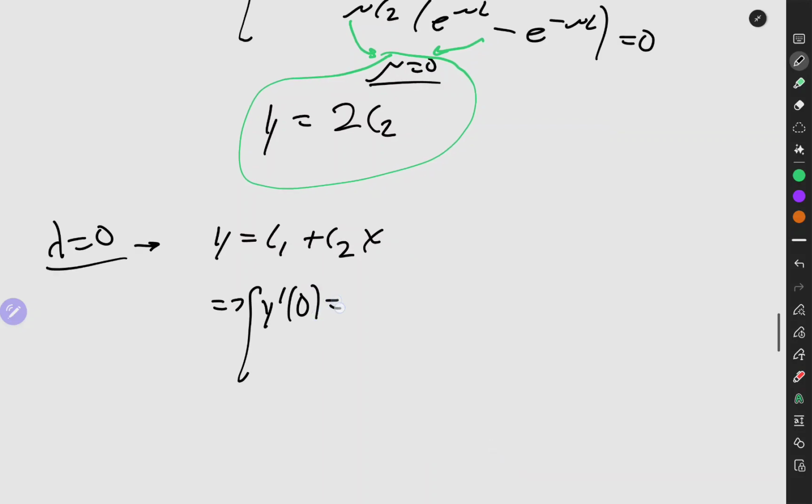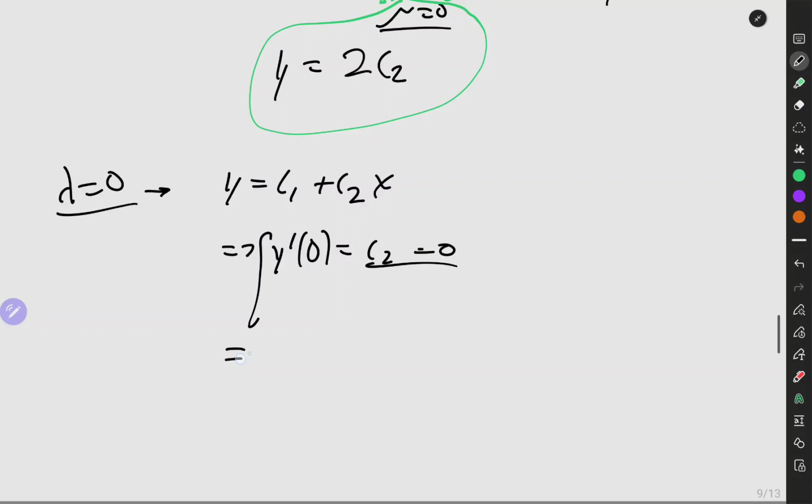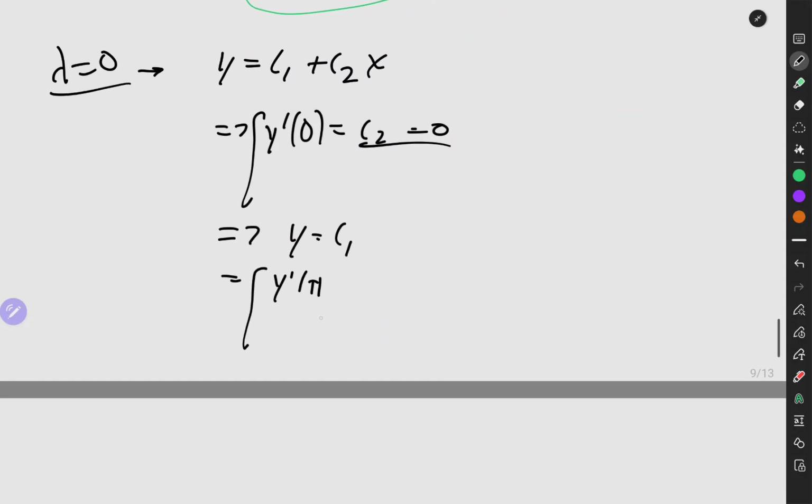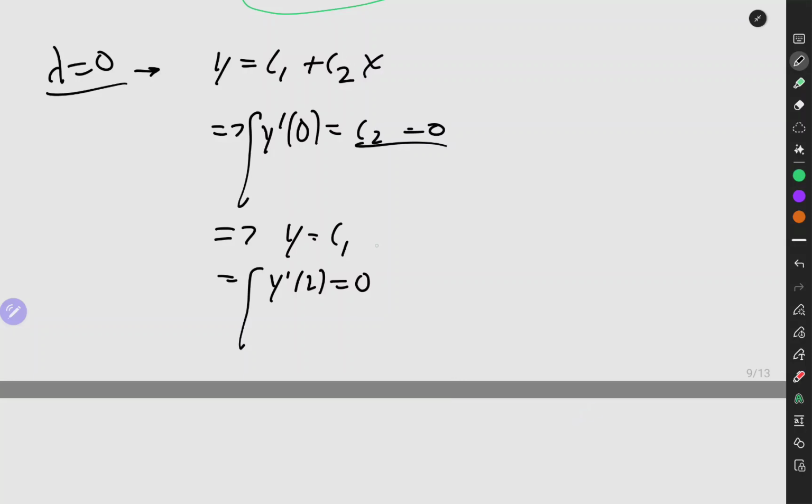Yes. C2 is 0. Look at that. Y is a constant. And then we take another derivative, so that just goes to 0. It's L, right? That's just 0, so that doesn't tell us anything. That confirms it again. Y is constant.